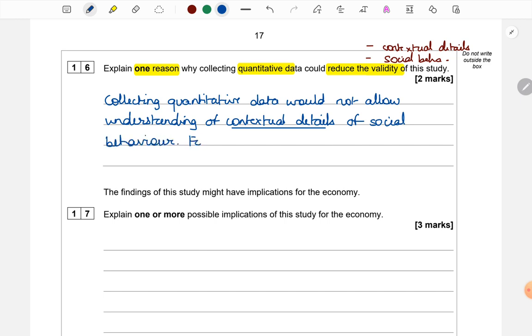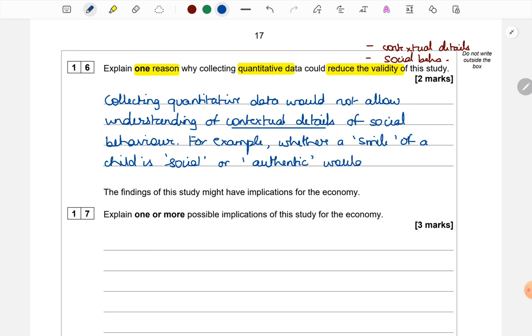For example, whether a smile of a child is social or authentic would be difficult to determine.